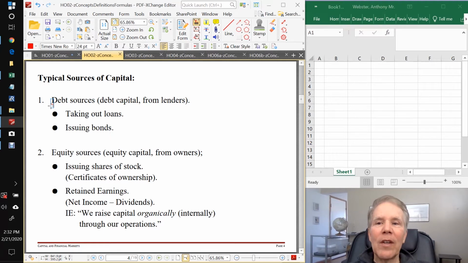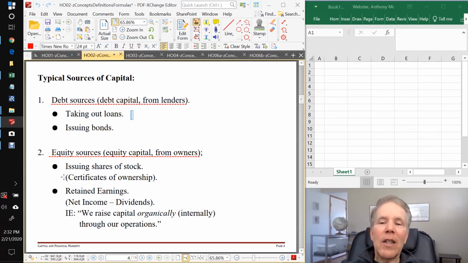And we will return to these all semester. We've returned to these virtually in every chapter, right? So debt capital is some contractual type of thing where you're taking out a loan or you're issuing a bond, in either case, a contract specifying the cash flows that you have to issue in the future for getting a bunch of cash now.